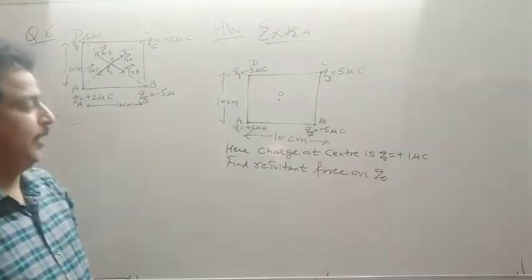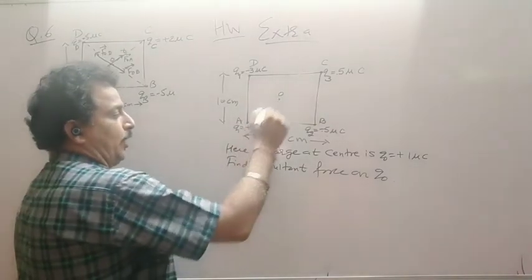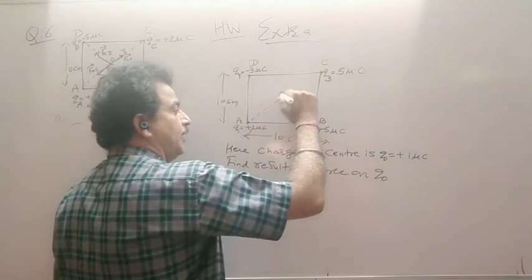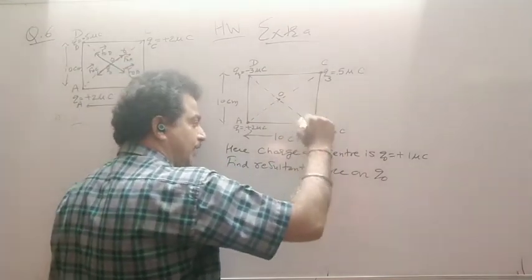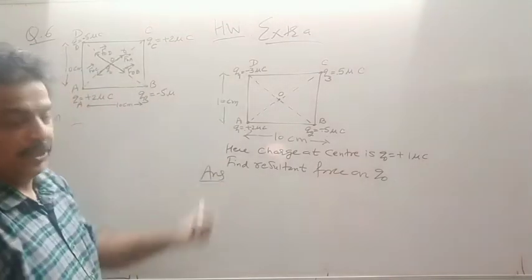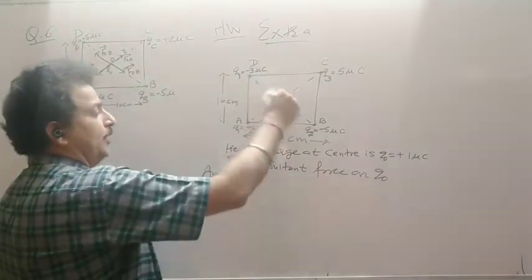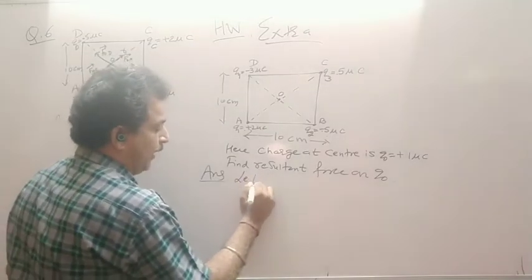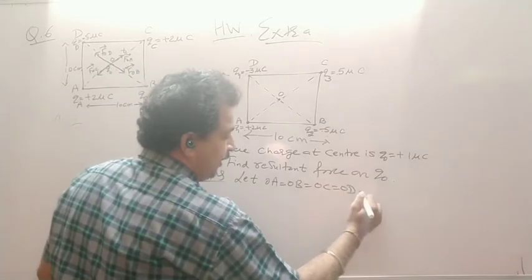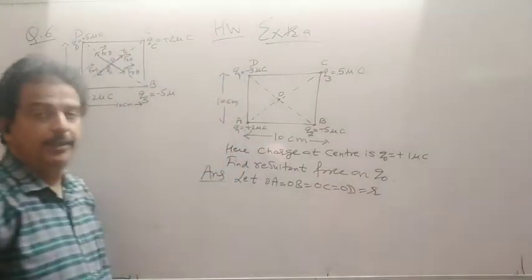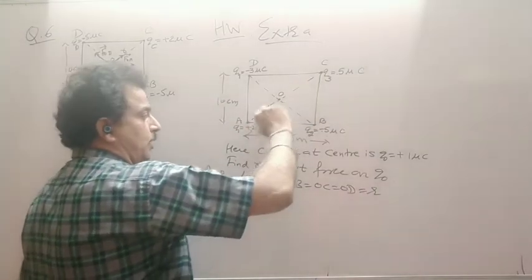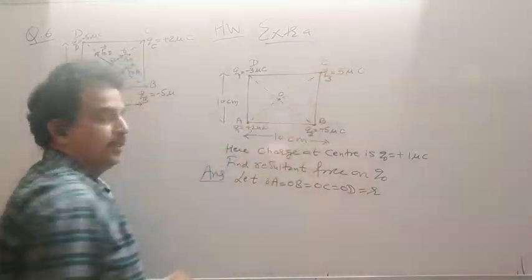I am giving you a hint. Now again this Q naught is positive. So first you take this distance from center to vertex as R. Let OA is equal to OB is equal to OC is equal to OD is equal to R. Now this is R. This is also R. So this distance of the diagonal is 2R.